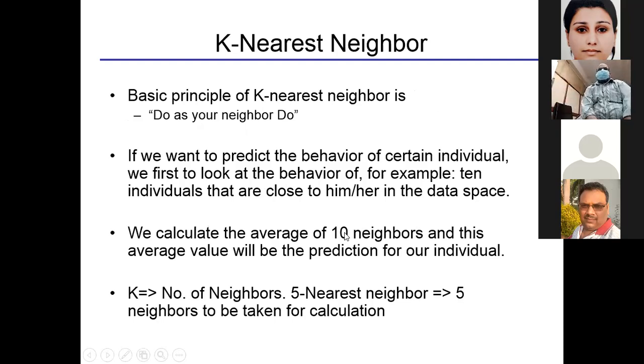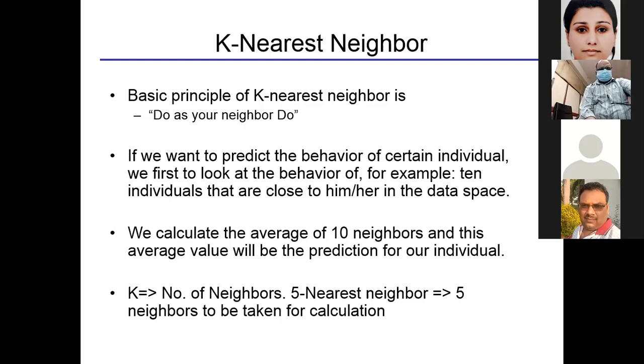Finally, you take the average of these 10 neighbors. Average is like majority voting. If you consider the 10 nearby points, and the majority of them belong to a particular class, then the query you are categorizing will also be part of that class. What do we mean by majority voting?